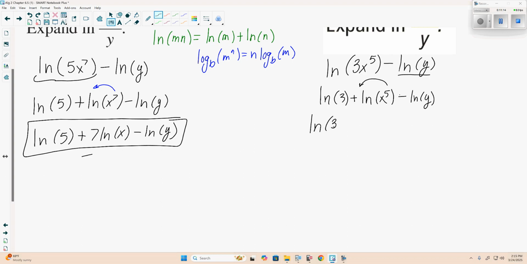Like I said, we have the natural log of 3 plus 5 times the natural log of x minus the natural log of y. Questions on this here? We're ready for the next one.